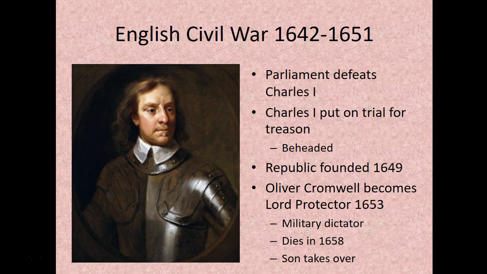And in 1653, a member of Parliament and a general in that parliamentary army, Oliver Cromwell, becomes Lord Protector. And basically, as Lord Protector, this is a military dictatorship. He's a Puritan, and all decisions basically go through him.